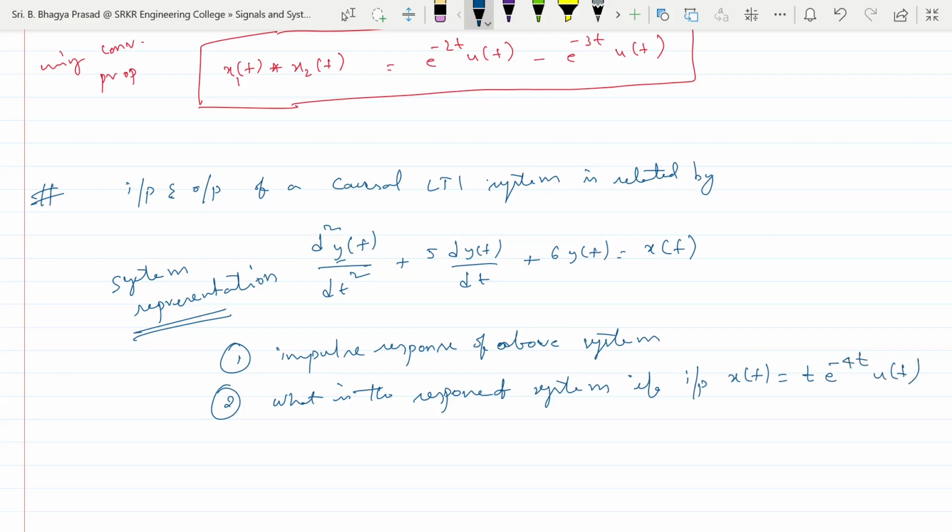So we have to find the impulse response and the response of the system for that input.